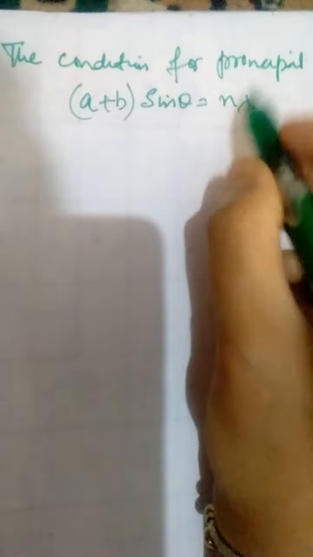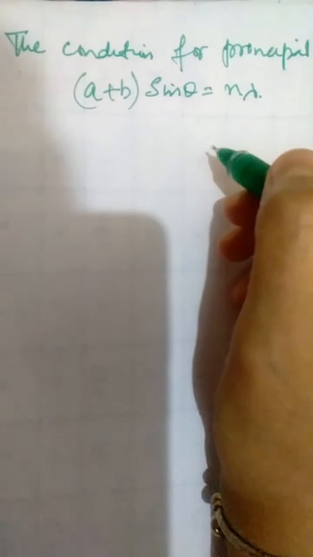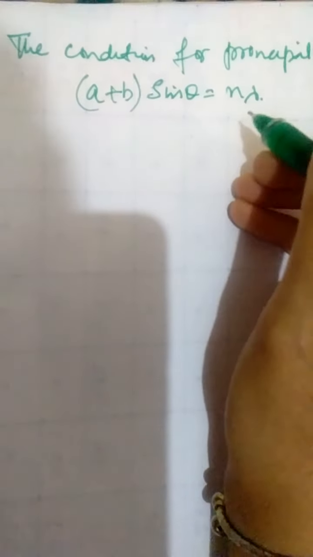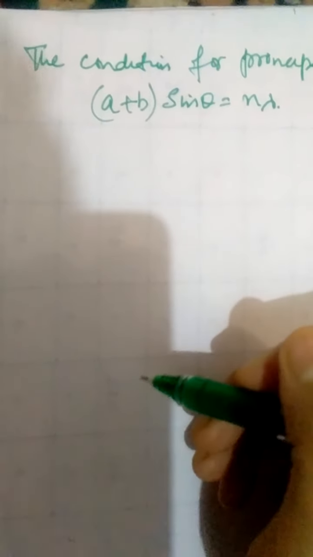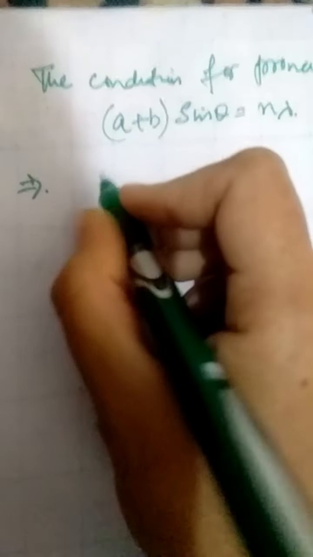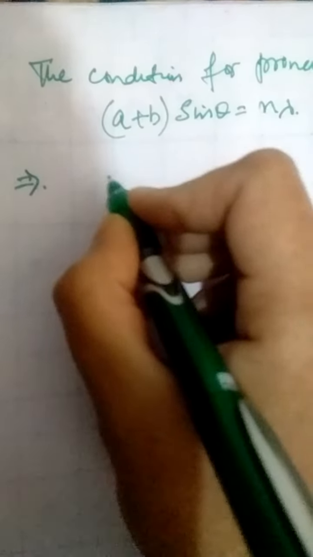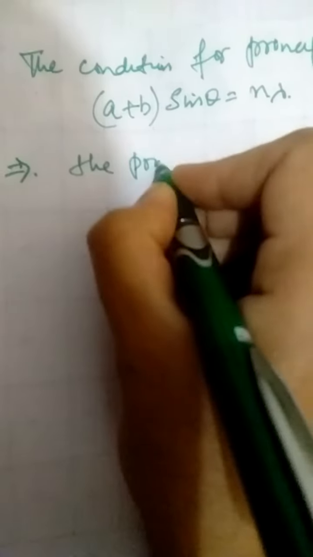We shall be doing this diffraction grating, that is diffraction due to n slits, in great detail in the subsequent video, but this is only to introduce you to the various aspects of the diffraction phenomenon. Now, if we go by the condition of diffraction, what is the basic equation that governs the principal maxima and minima?